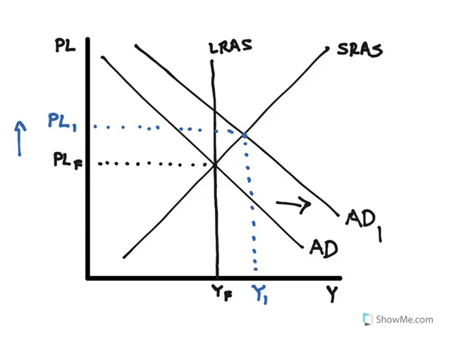But in the long run, we're going to see SRAS shift to the left because of the flexibility of resource prices in the long run, and the fact that AD shifted to the right gives us a higher price level.